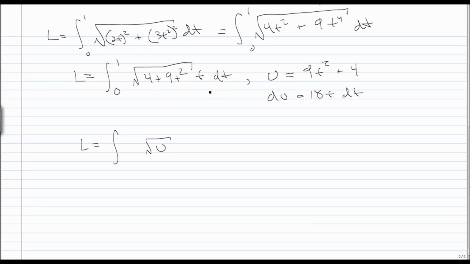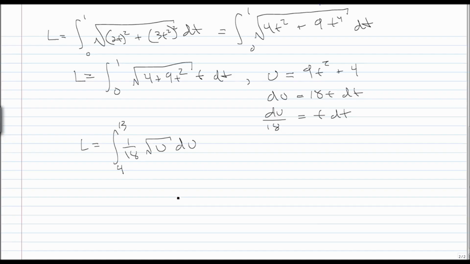Now we have t dt, and right here we have t dt. So that means that wherever you see t dt, you can replace it with 1 over 18 du. Now we just have an integral in terms of u here, and to figure out the bounds of integration, when t is 0, u is going to equal 4, and when t is 1, u is going to equal 13.